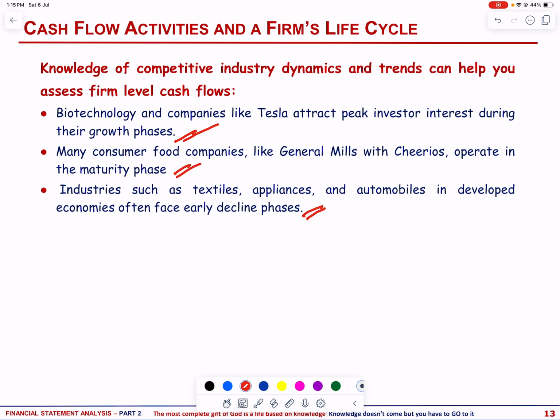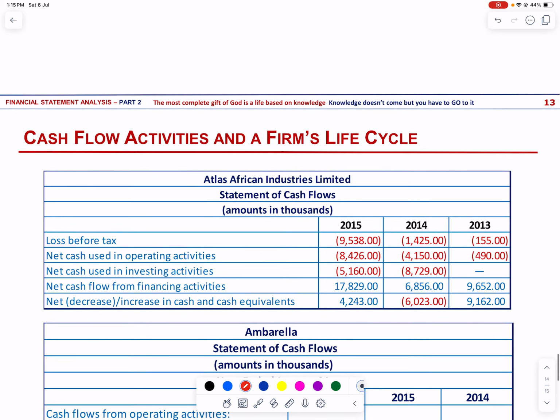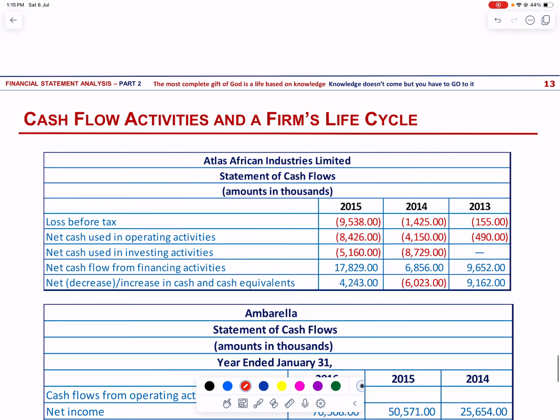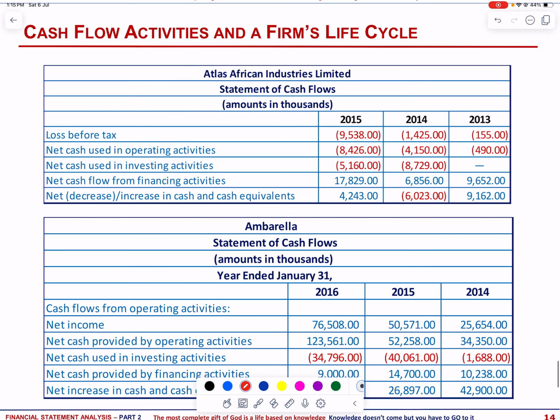Let us conclude this video by discussing statements of cash flows for four firms to contrast how these statements capture various stages of the product life cycle, that is, introduction, growth, maturity, and decline.